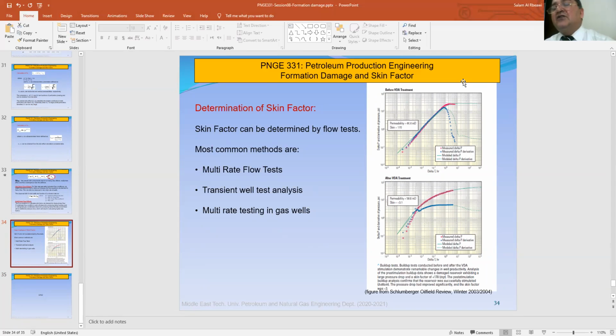And as you know, guys, we do not rely on one technique to estimate one of the parameters. So do we have some other techniques to estimate skin factor? Yes, of course. Skin factor can be estimated, can be calculated by well-test analysis. From well-test analysis.